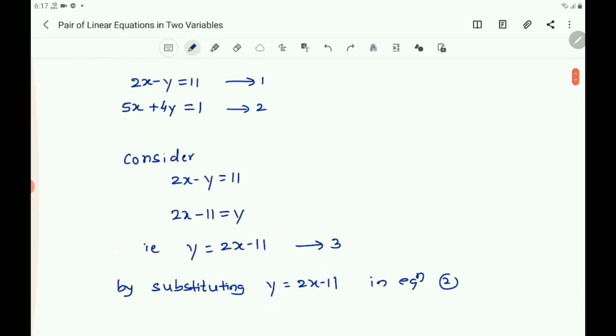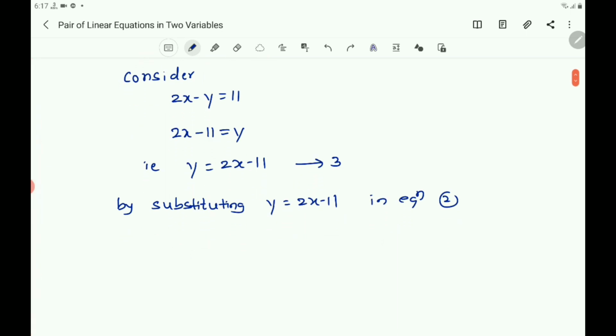Second equation is 5x plus 4y equals 1. You write 5x as it is, plus as it is, 4 as it is. In the place of y, you write 2x minus 11. 2x minus 11 equals 1 you write. Here what you have done? y is expressed in terms of x.